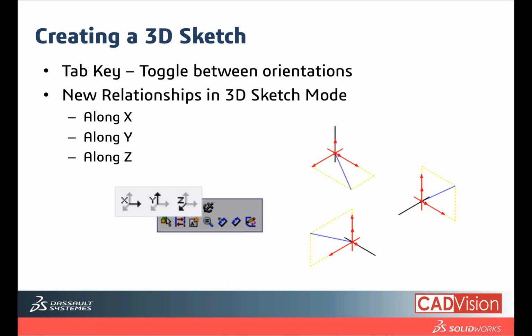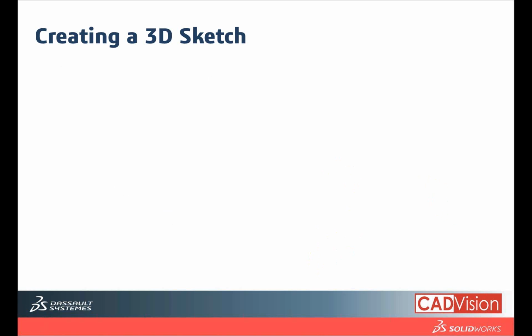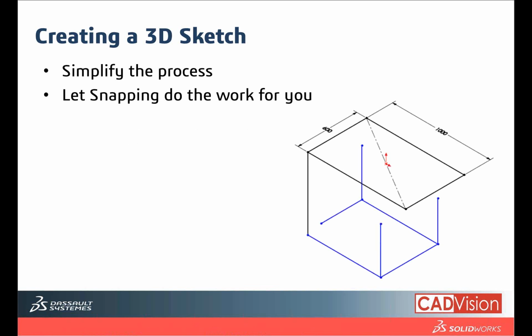So the relationships in 3D sketch mode will not be horizontal or vertical anymore. Well, it is along X, along Y, or along Z, since we have three directions. The next thing is to simplify your process. You don't have to snap all these points at first.